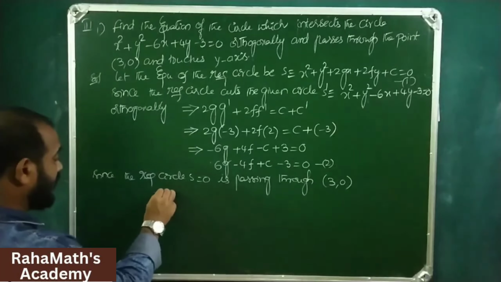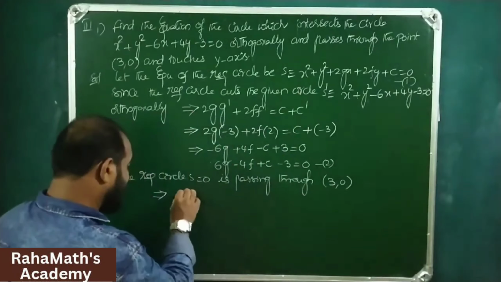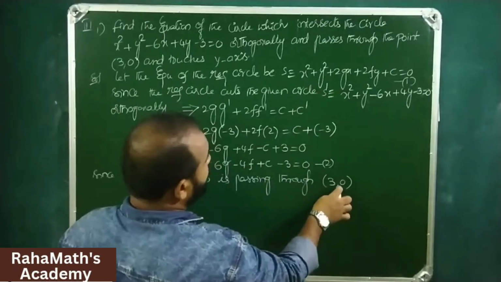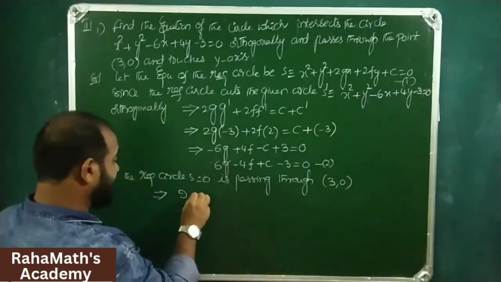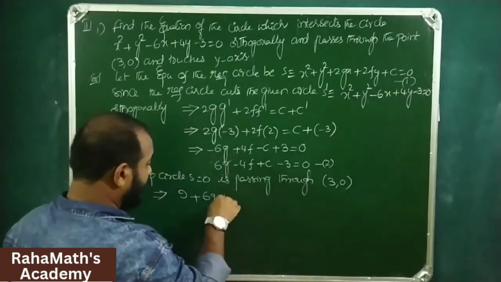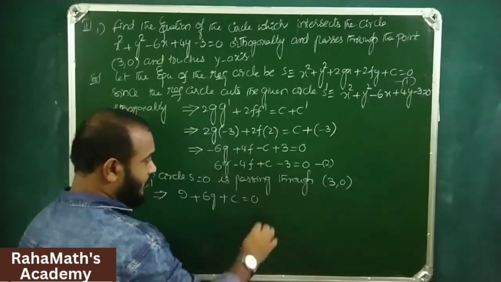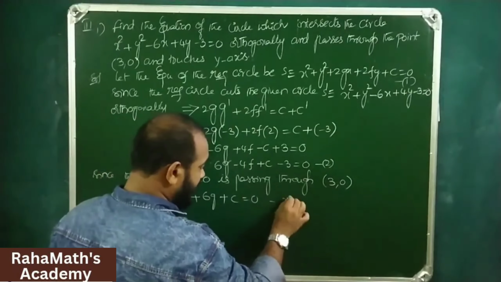So that is x square 3 square 9, y square 0 square, 2g into 3 is 6g, 2f into 0 is 0, plus c equals 0. Let us take this to be the third equation.